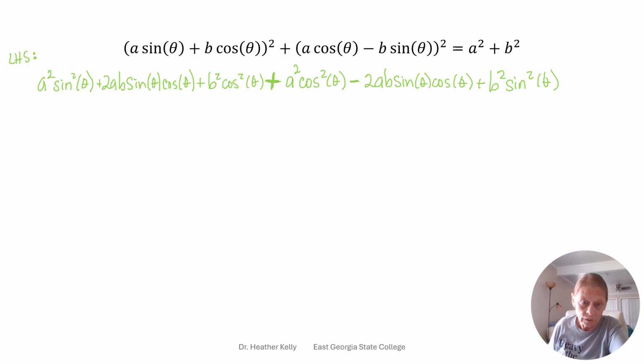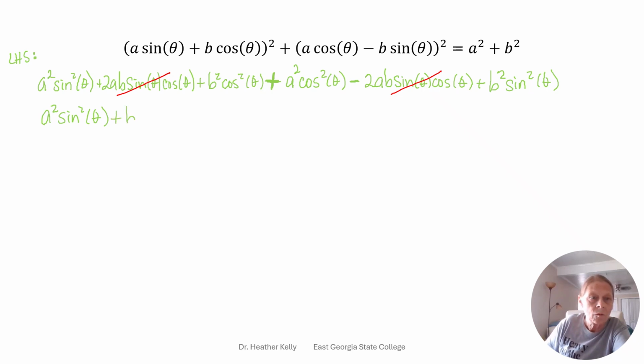Okay, cool. Now let's clean it all up. Well, we have a 2ab sine theta cosine theta and a negative 2ab sine theta cosine theta, so let's go ahead and get rid of those. And then let's rewrite this and see what we've got here. We've got a squared sine squared theta, and I'm going to put the sines together and then the cosines together.